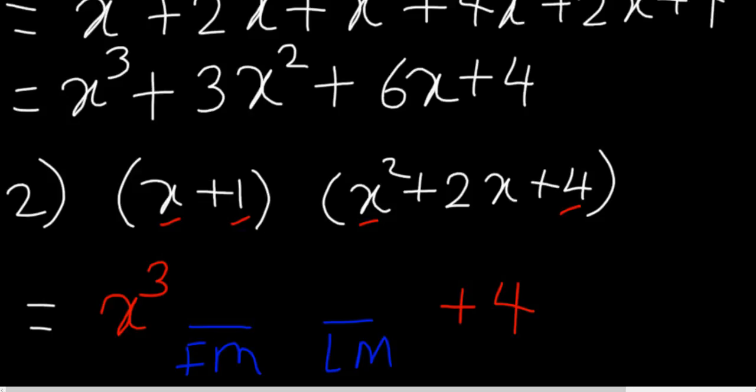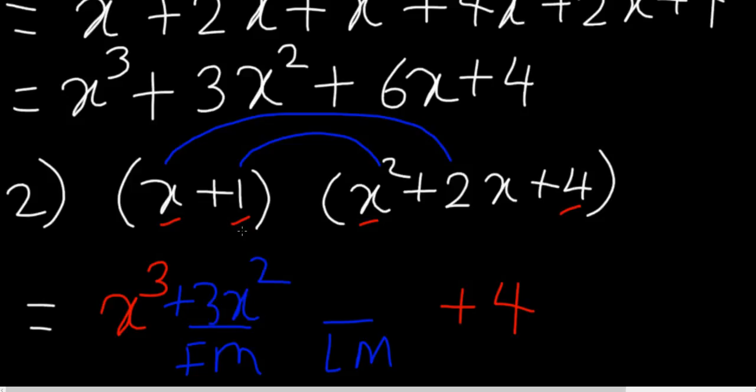To get the first middle term, you multiply the first two terms with these two terms. So x squared times 1 is x squared, 2x times x is 2x squared. So x squared plus 2x squared is positive 3x squared. Now we have to find the last middle term.